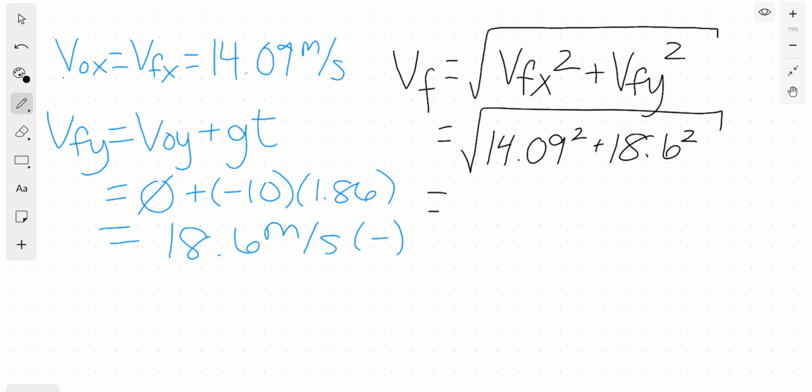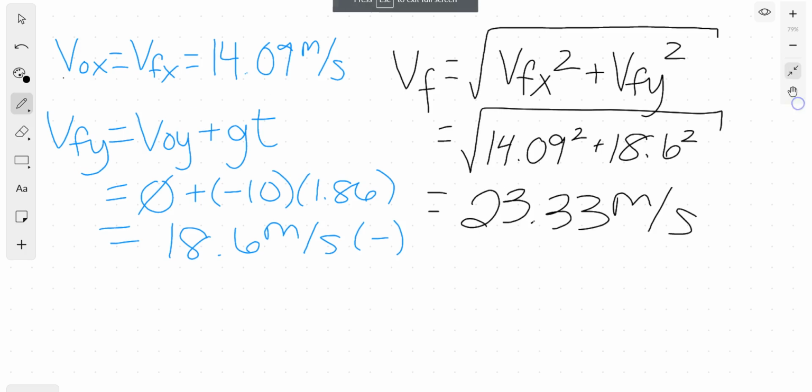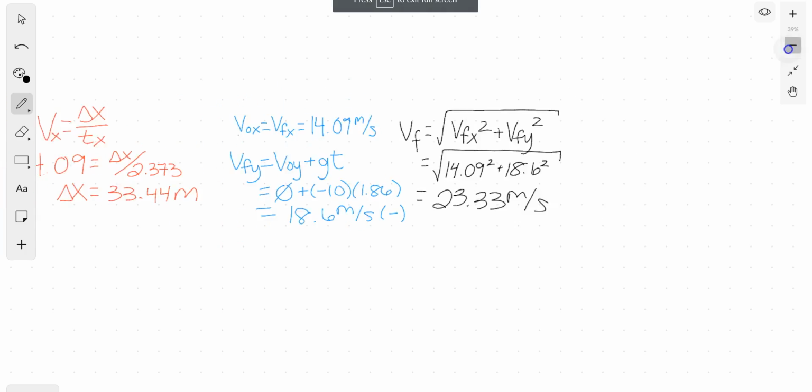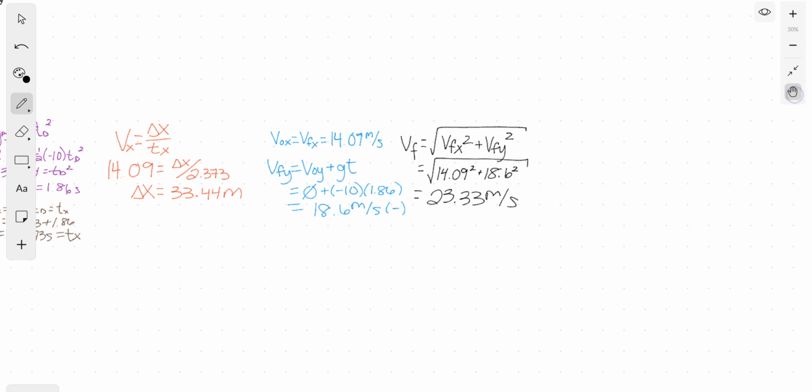So when you put this into your calculator, you're going to get that the impact speed, or how fast it hits the ground, is 23.33 meters per second. So it left the cliff going 15 and then hit the ground going 23.3, which makes sense because it has a lot more time to fall.